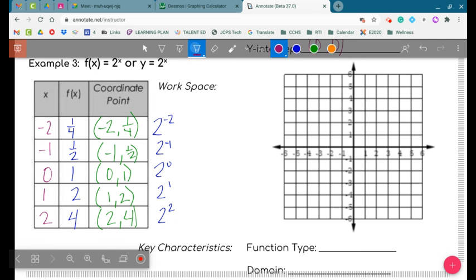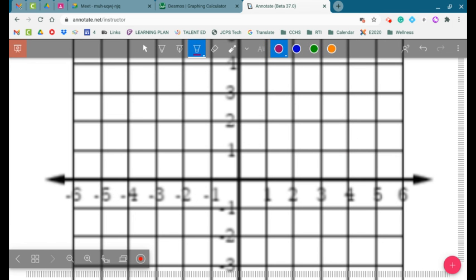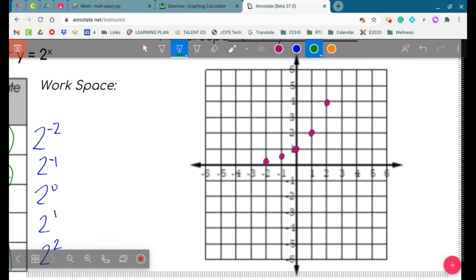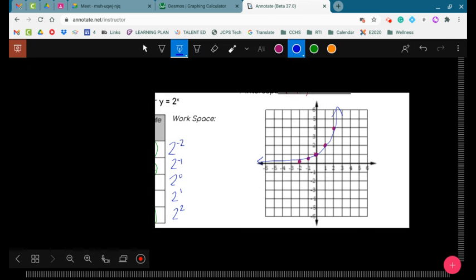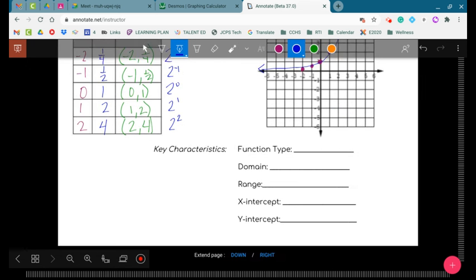Okay, so then we're going to graph these points. -2, 1/4, -1, 1/2, 0, 1, 1, 2, and 2, 4. And I'm going to graph this line. Because it's an exponential, it's going to go along my x-axis and then go up. Make sure you put arrows on the ends of your line.